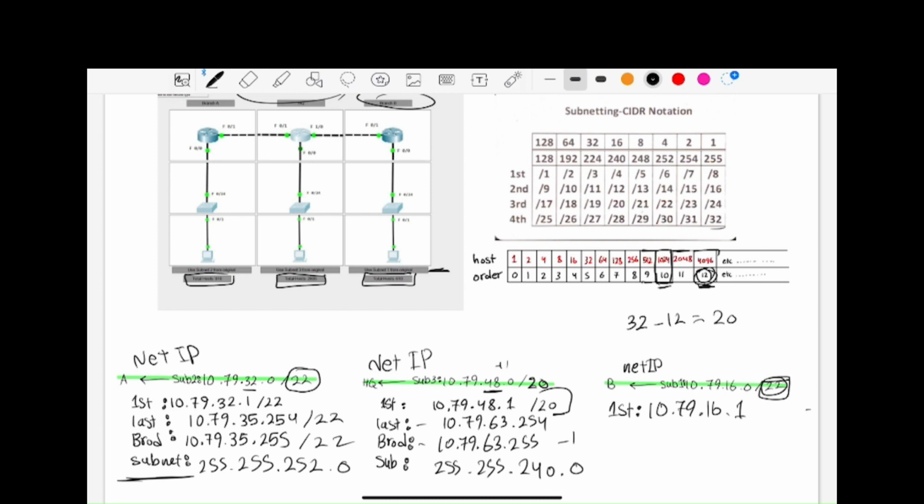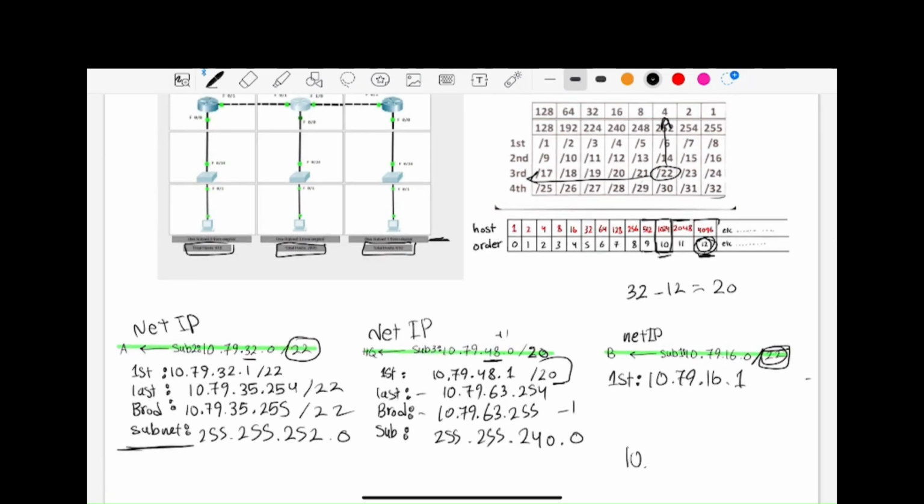We know that our network is /22, so adding 4 to the third octet will give us 10.79.20.0. Subtracting 1 will give us the broadcast, which is 19.255. Subtracting 1 from this will give us our last usable IP.